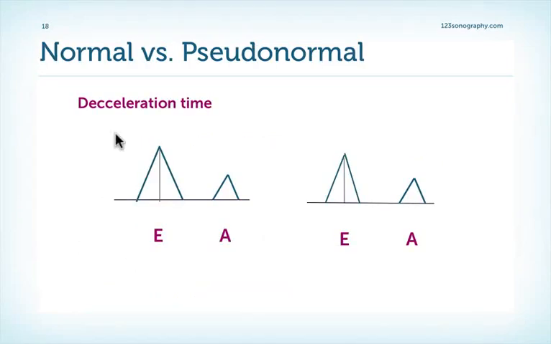One problem in the assessment of diastolic dysfunction is the differentiation between a normal and a pseudo-normal pattern. The normal pattern has a fairly long deceleration time, while the deceleration time is much shorter in patients with a pseudo-normal pattern.